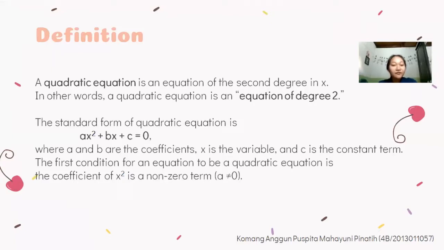The standard form of a quadratic equation is ax squared plus bx plus c equals 0, where a and b are the coefficients, x is the variable, and c is the constant term. The first condition for an equation to be a quadratic equation is that the coefficient of x squared, a, is a non-zero term, or a not equal to 0.